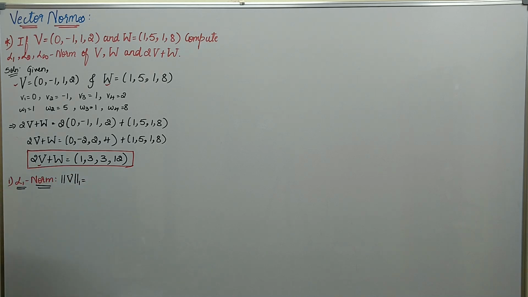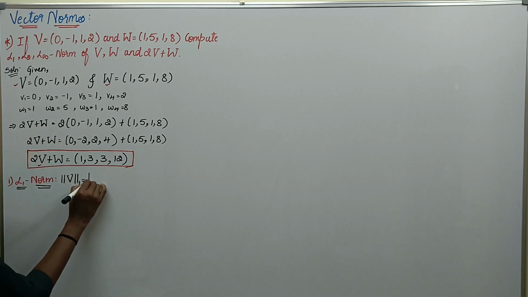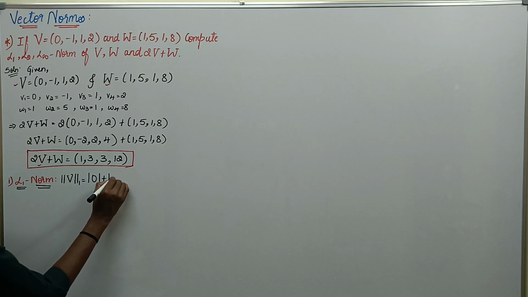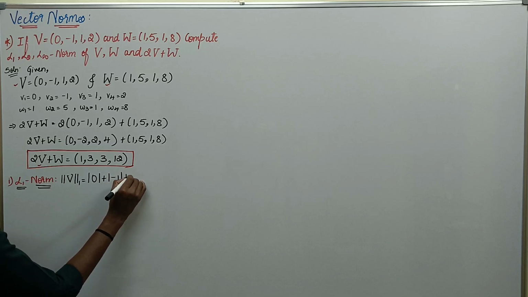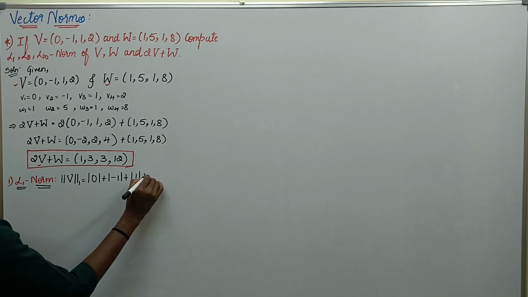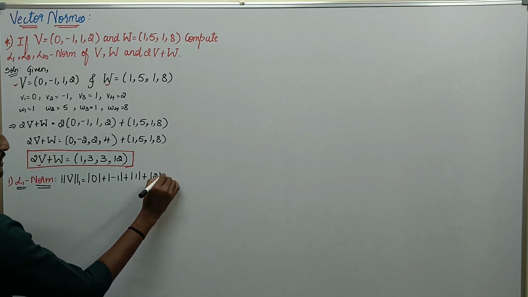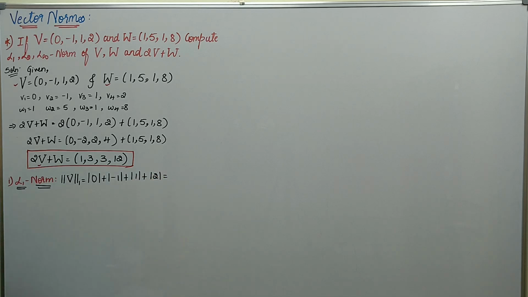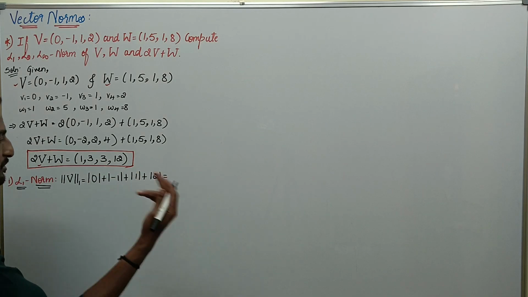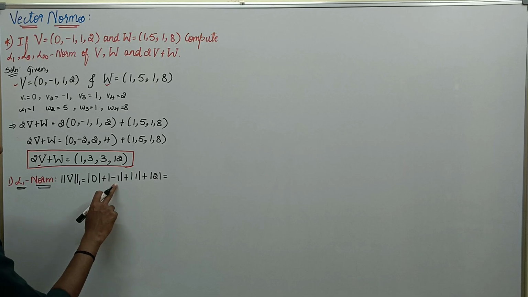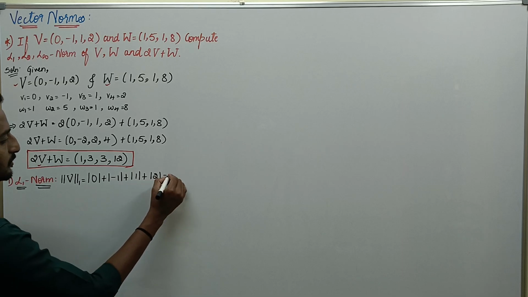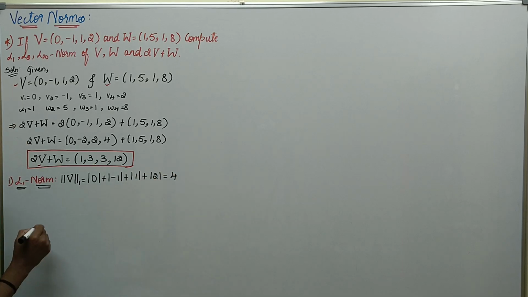Norm V1, we just need to add the given set of vectors, that is modulus 0 plus modulus -1 plus modulus 1 plus modulus 2. Since modulus makes the negative sign positive, 0 plus 1, 1, 1 plus 1, 2, 2 plus 2, 4. Norm V1 is completed.